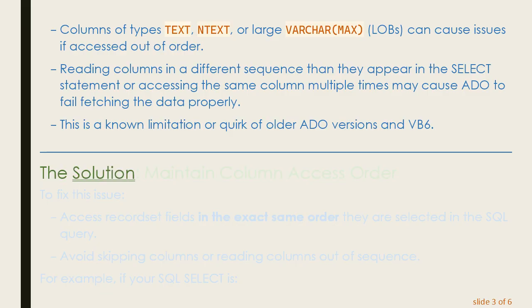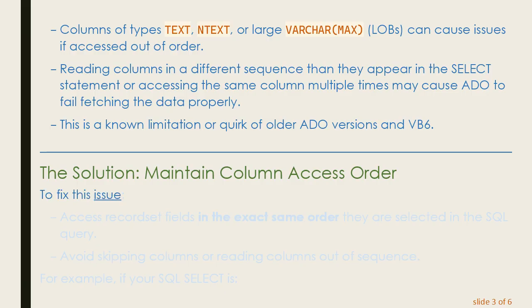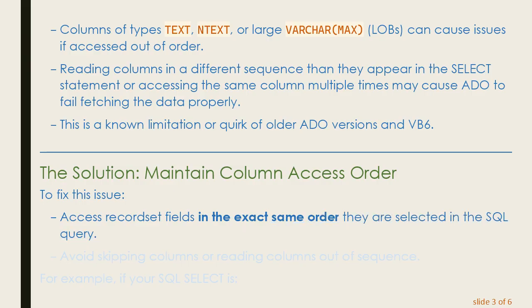The solution: maintain column access order. To fix this issue, access recordset fields in the exact same order they are selected in the SQL query. Avoid skipping columns or reading columns out of sequence.